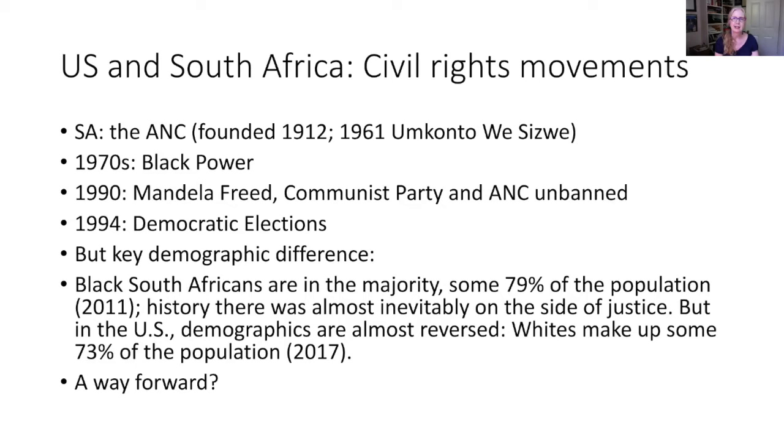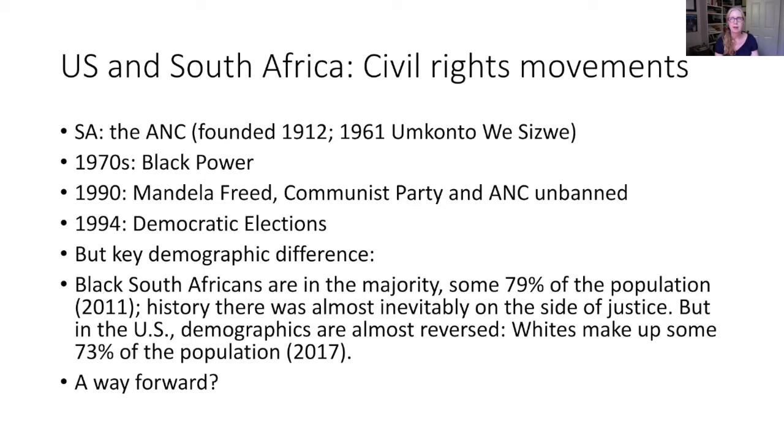Here, I think it's going to take will, because here the demographics are almost reverse. You know, whites make up some 73% of the population as of the 2017 census. So I think there's something, I've really been thinking about this, and I think there's something more terrifying about racism in this country.